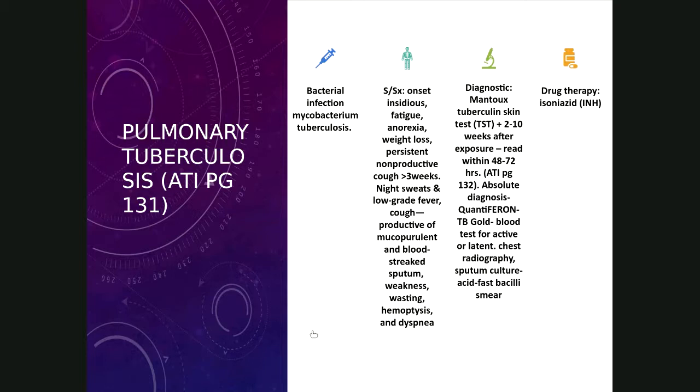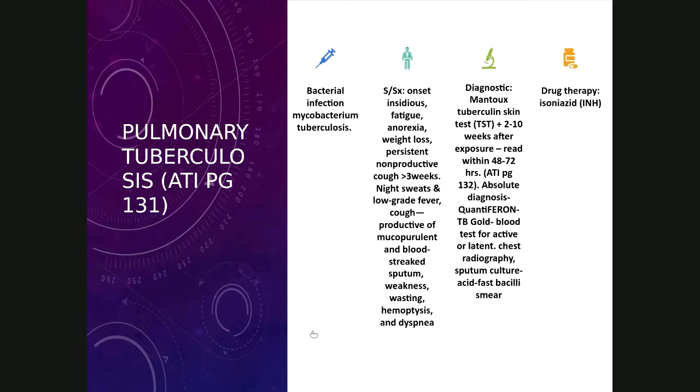Okay, so how do we test someone for tuberculosis? You'll do the Mantoux tuberculin skin test, also known as the TST. Let's see, 2 to 10 weeks after exposure, you can do the test and you'll get a reading. The reading needs to be performed 48 to 72 hours after it's done.